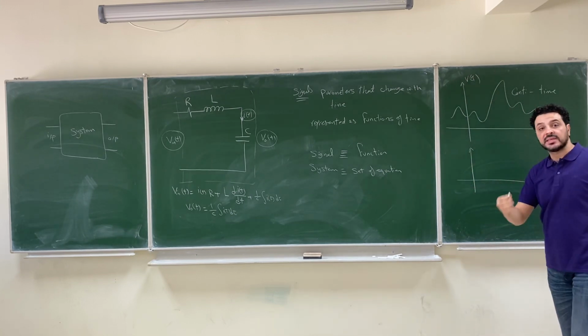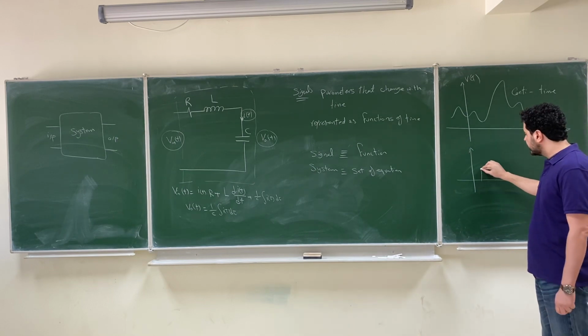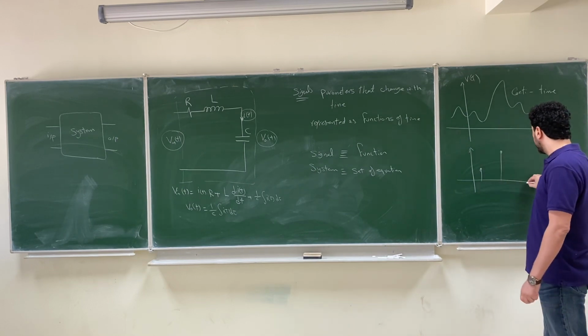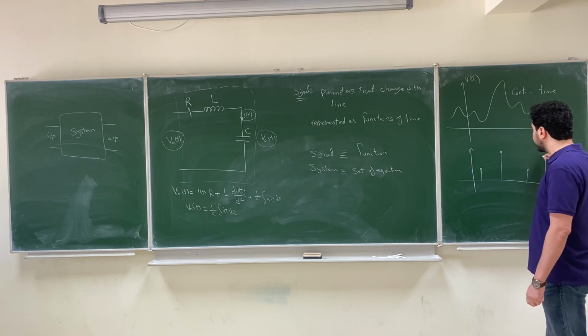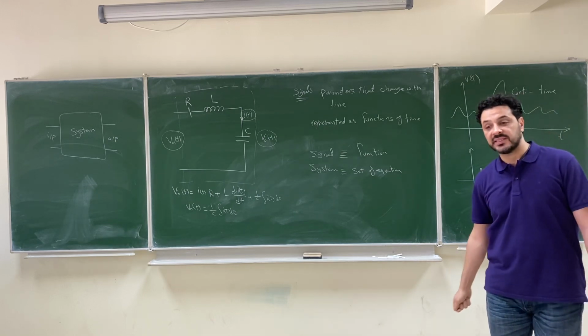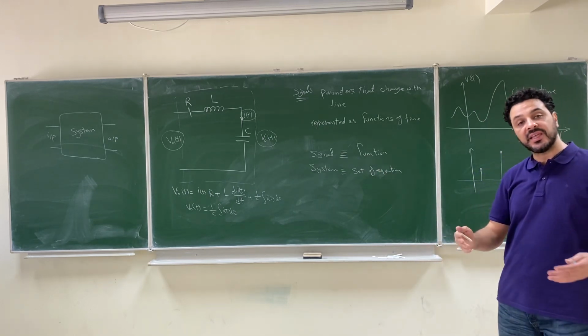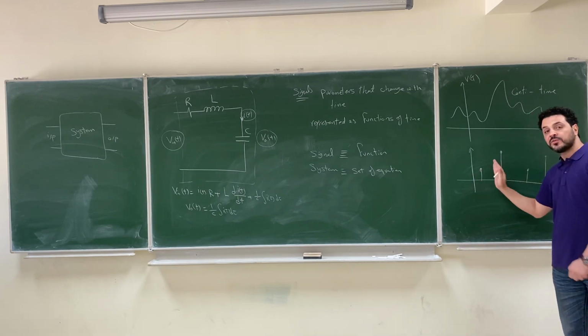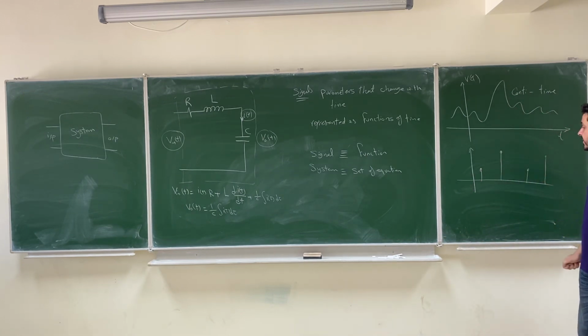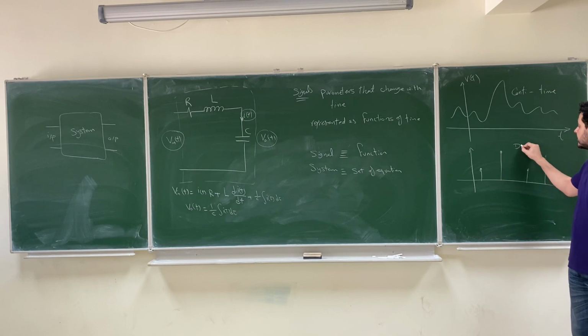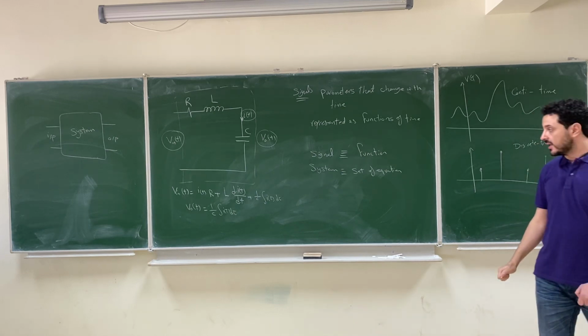Discrete time means that the signal is defined only at certain instants of time, and this usually happens when you deal with digital systems like computers. Computers deal with numbers, right? A set of numbers, not with a continuous signal. So this is called a discrete time signal, and this is a continuous time signal.